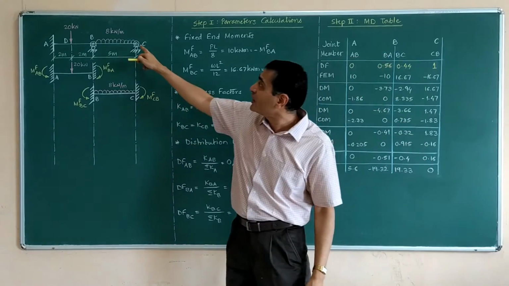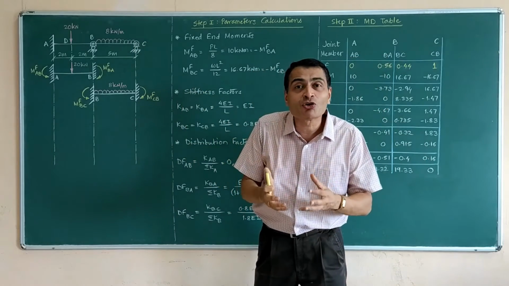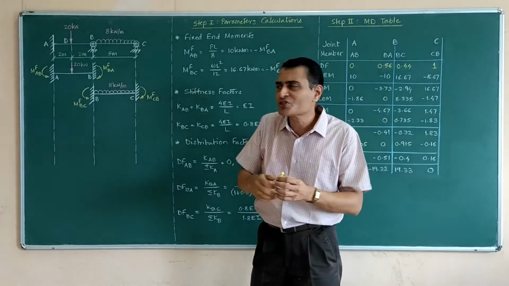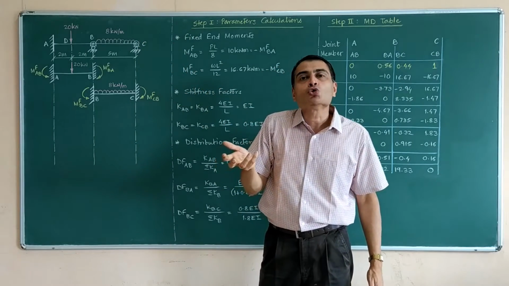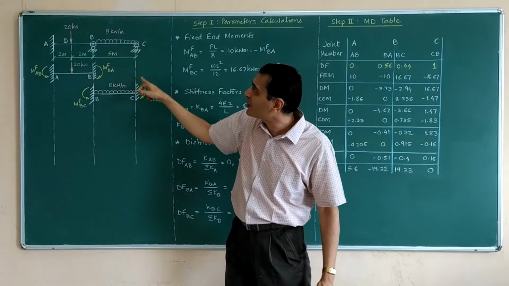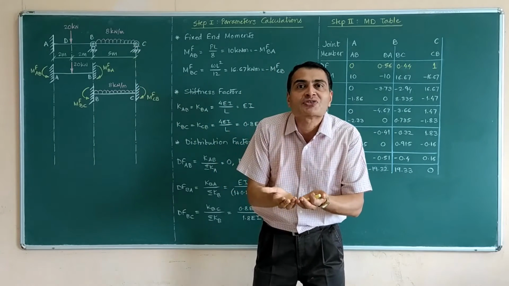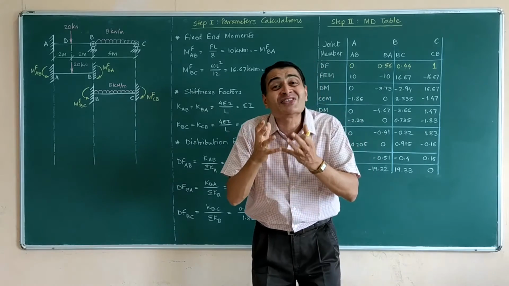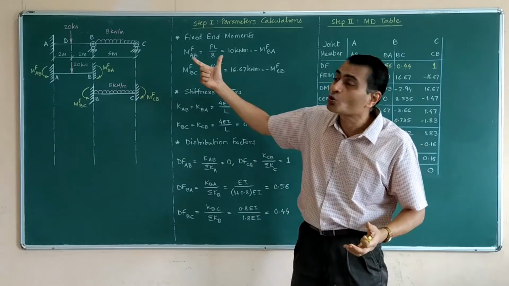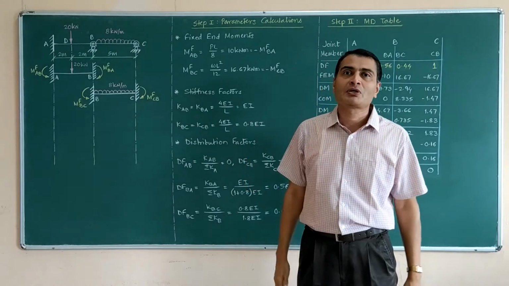So if I have a hinge here, if I have a facility of rotation here, it is obvious that if I apply any moment at C, no part of that moment will be transmitted to the supporting base, to the supporting column. The entire resistance to that moment has to come from member BC.